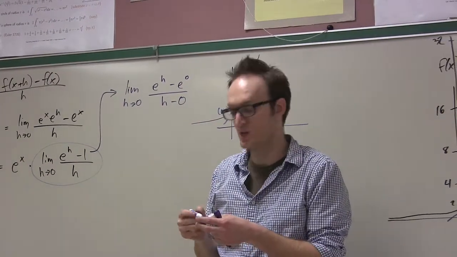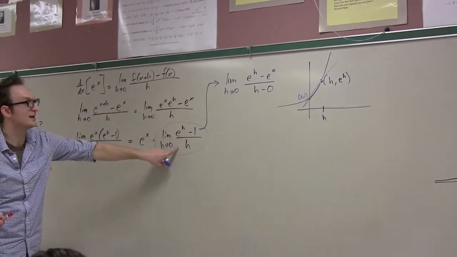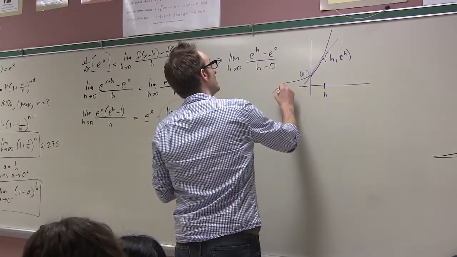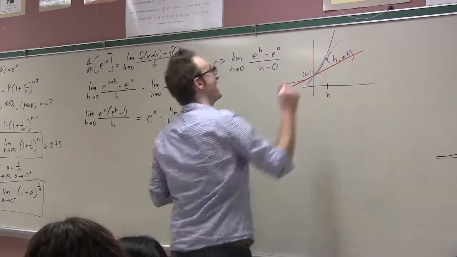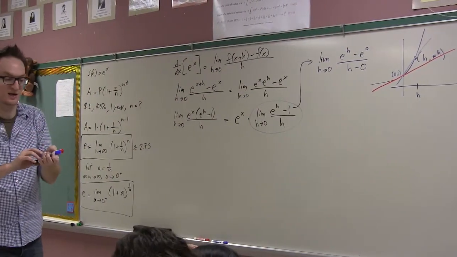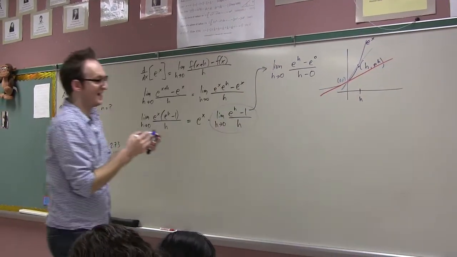Does everyone see that now? Okay, so in fact, this limit I can interpret geometrically as the slope of the tangent line to the graph of e to the x at x equals 0.